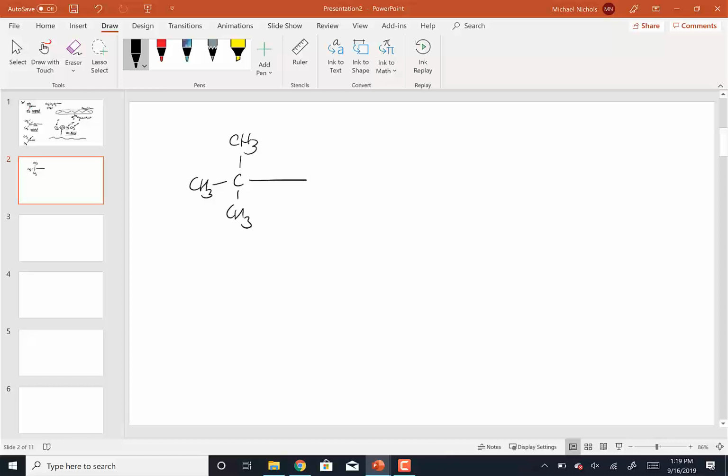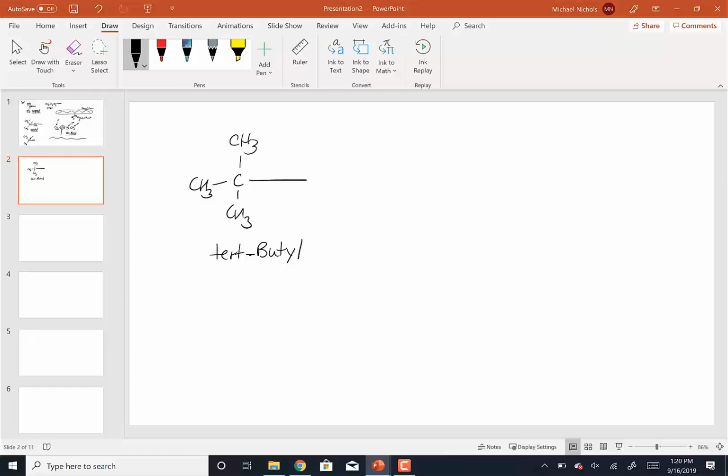What's the whole group? This is a tertiary butyl group. How many carbons does it have? 4, butyl. What's the attachment point? A tertiary carbon. So that's a tertiary butyl group.